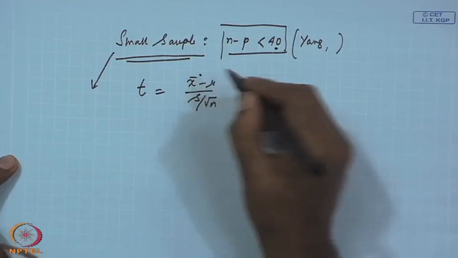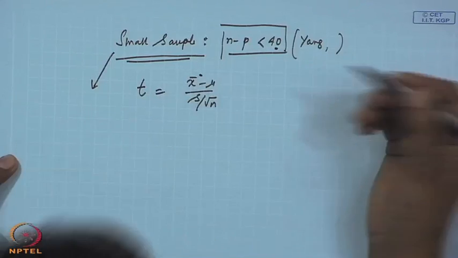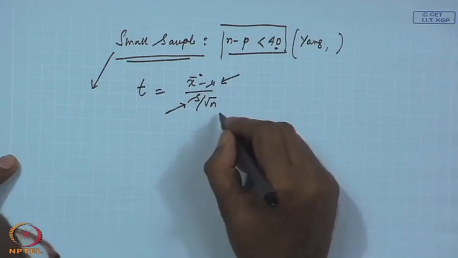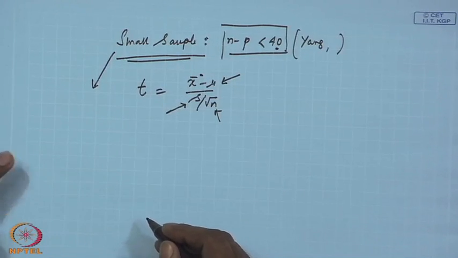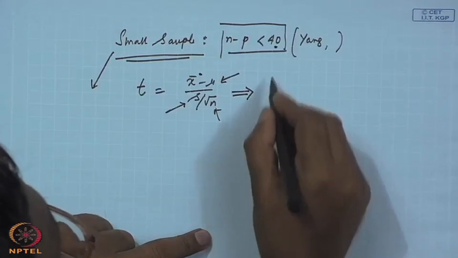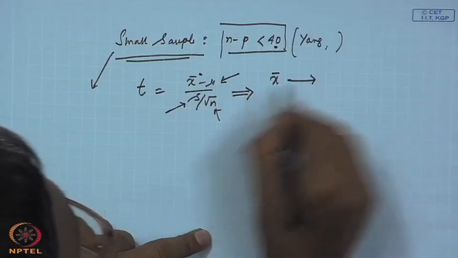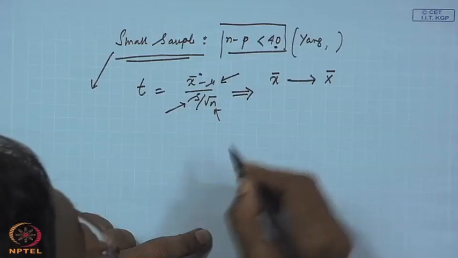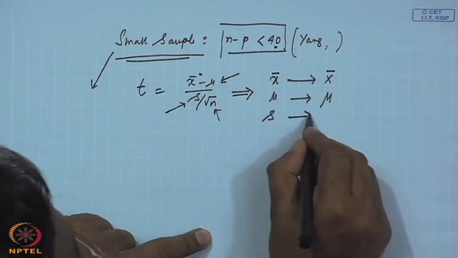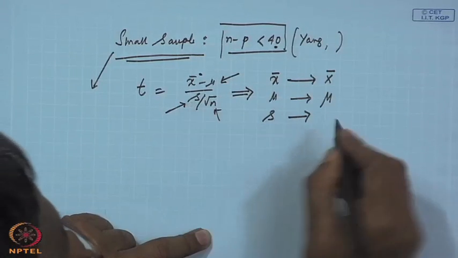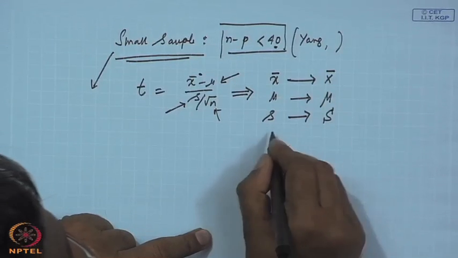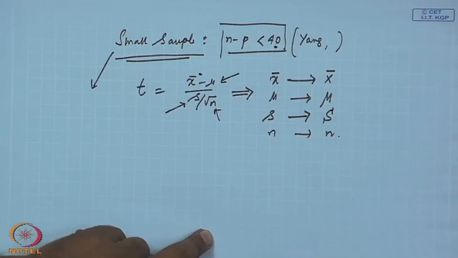This x bar is the sample mean, mu is the population mean, S is the sample standard deviation, and n is the sample size. Now, I want to see what will be its multivariate counterpart. X bar will no longer be a scalar quantity, it will be a vector. Mu also will be a vector quantity, and S will be replaced by this S matrix, and n will remain n. That is the case.